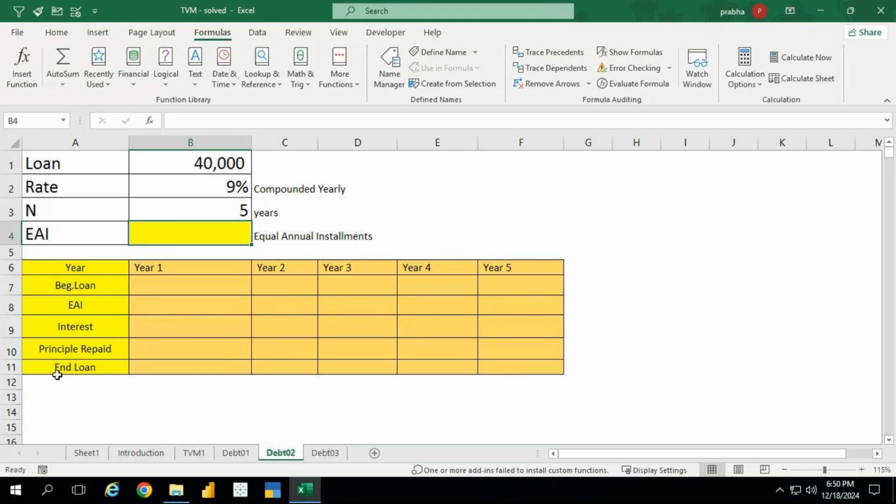Which one, in the debt 2 sheet? Yes, ma'am. Okay, let everyone finish. I'll solve this and show. Okay, ma'am. It's done, ma'am. Okay, what about others? Okay, we'll give them some time to solve it.